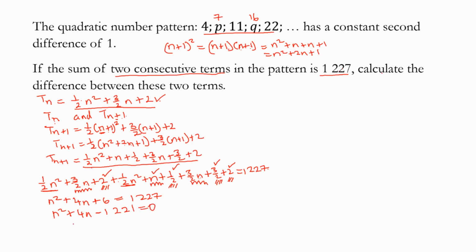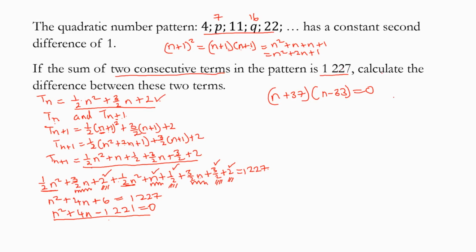So now we can find our n. We can factorize here or use the quadratic formula. If you can't factorize these, use the quadratic formula. But the factors are actually 37 and 33. So it should be negative 33 and plus 37. So it's n plus 37 and n minus 33 is equal to 0.